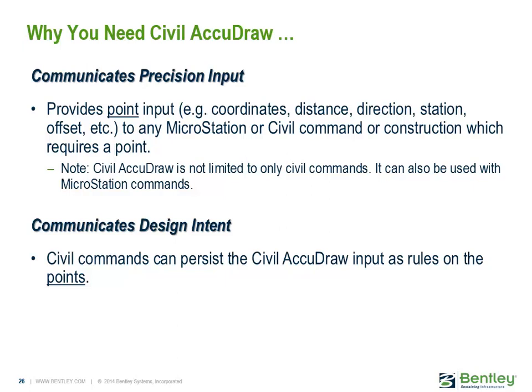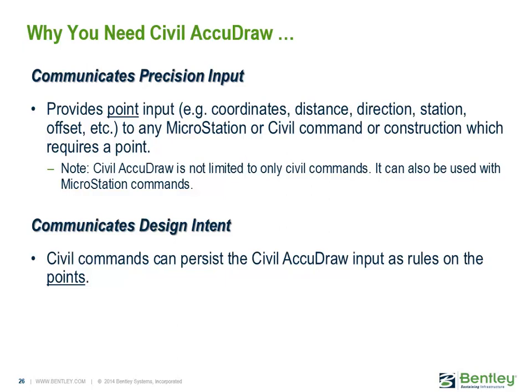Now, one thing to note: even though Civil AccuDraw is geared around Civil commands, it is not limited to Civil commands. It can still be used with any MicroStation command. So the first thing it does for us is communicate precision input.